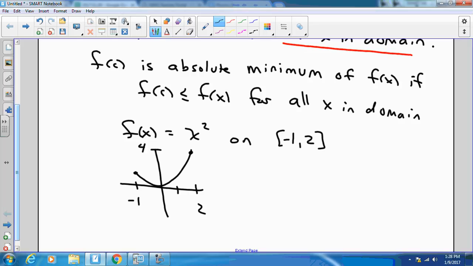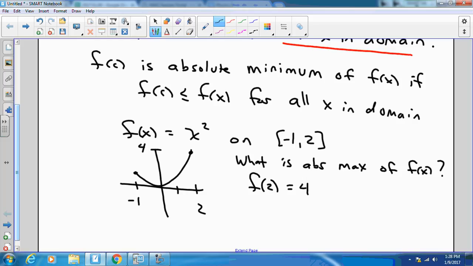Now let's answer some questions. What is the absolute maximum value of f of x? 4, that's right. And we would say that absolute max is located at x equals 2.